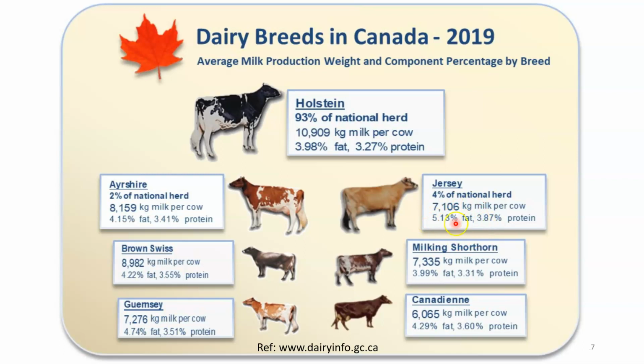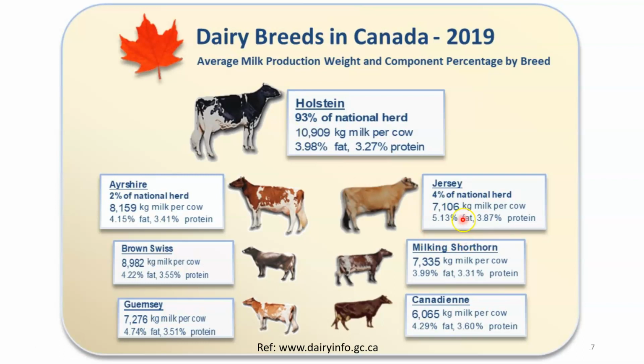So this is why, even if the lactation yield is lower, the farmer might still be able to make more money if he's paid by protein and fat. So remember that. Just because the Holstein Friesian animals give you more milk, it doesn't mean they are more profitable.